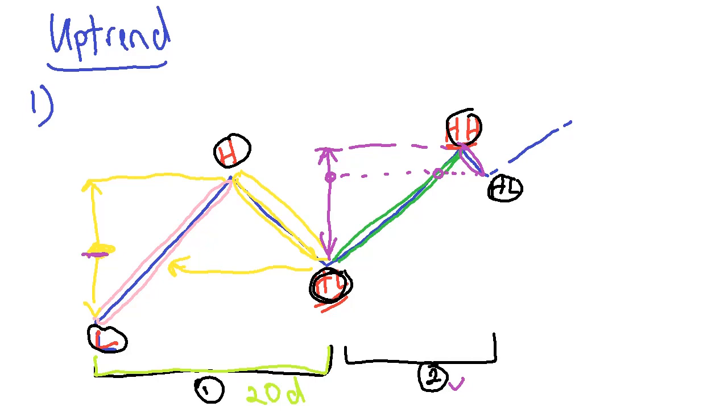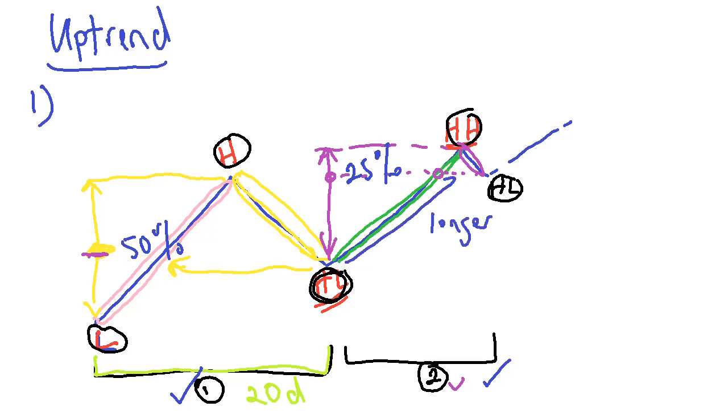So when such a scenario happens, in this loop number one, if it retraces 50%, but in loop number two it retraces only 25%, that tells us that this move is going to be an upward move. We already know it's going to be an upward move because the second loop is longer, right?